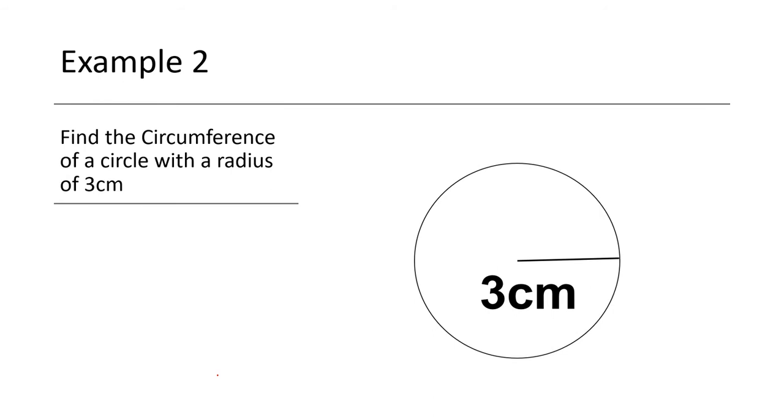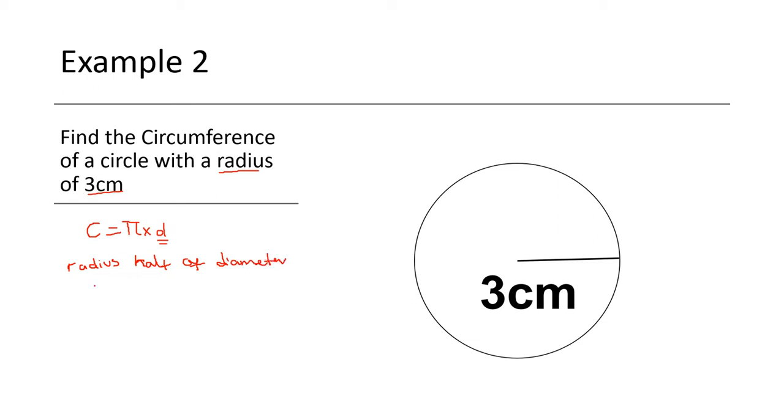Okay, next example. Find the circumference of a circle with a radius of 3. Okay, so the formula is circumference is equal to pi times by diameter. Okay, so we need the diameter. Now remember, radius is half of our diameter, so it's half of diameter.